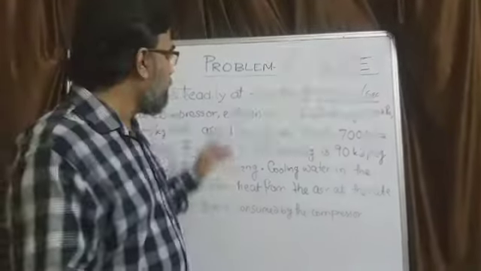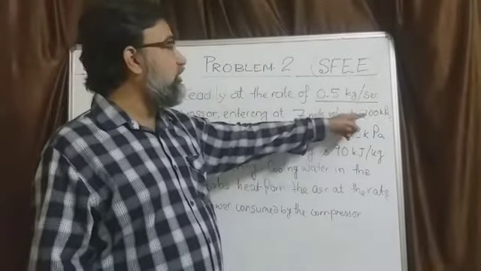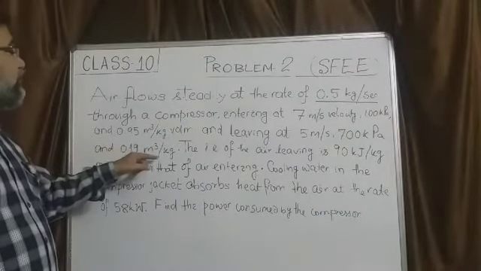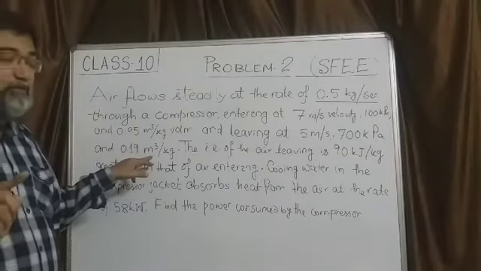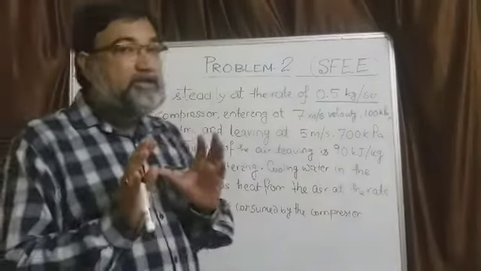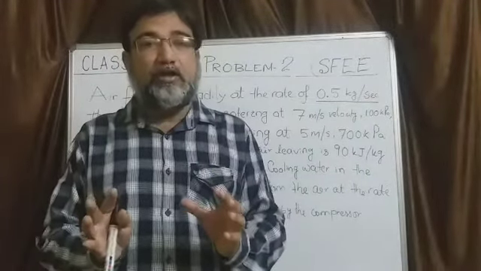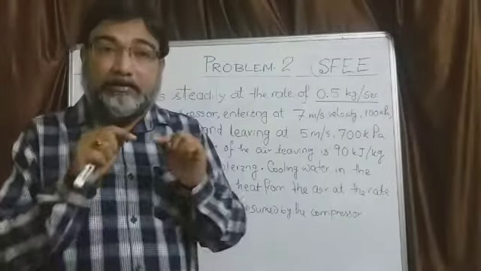So what is that higher pressure? Let us see. Entering at 7 meter per second velocity, 100 kilopascal pressure and 0.19 meter cube per kg. Meter cube is volume, meter cube per kg is specific volume. That means per kg of air, the volume is 0.19 meter cube at the entry.